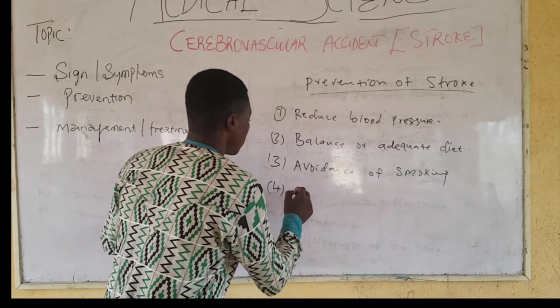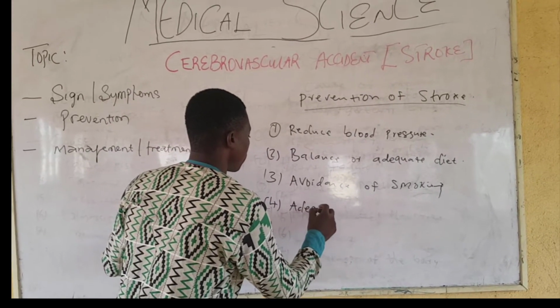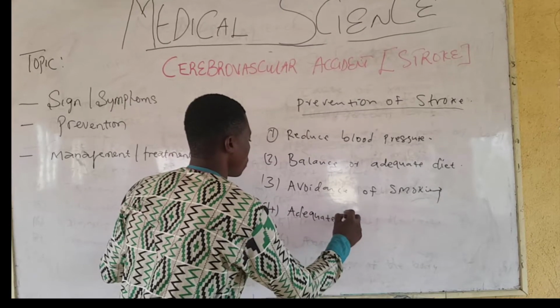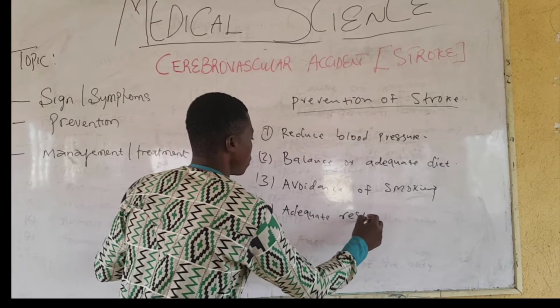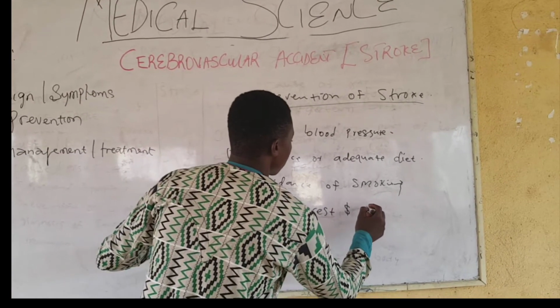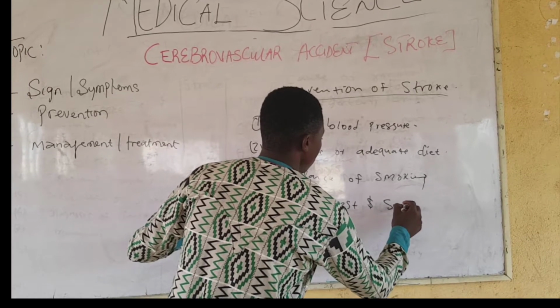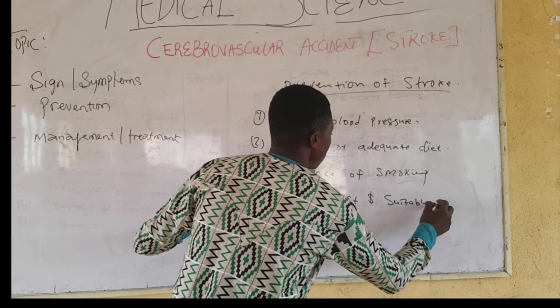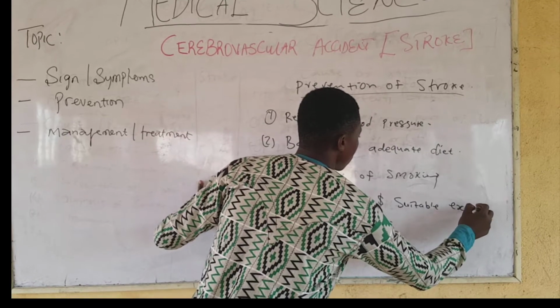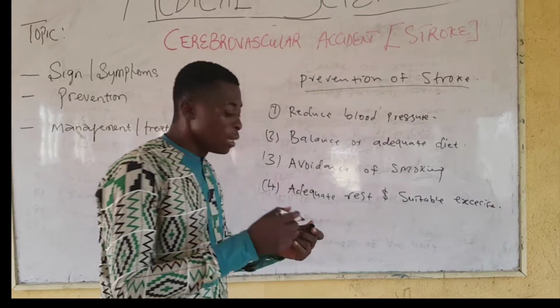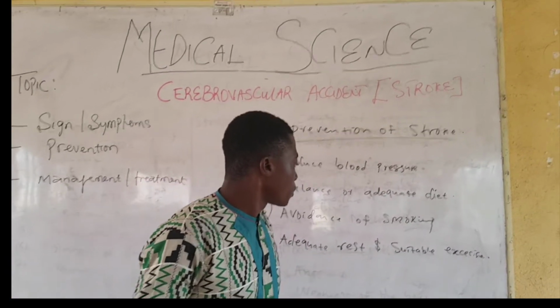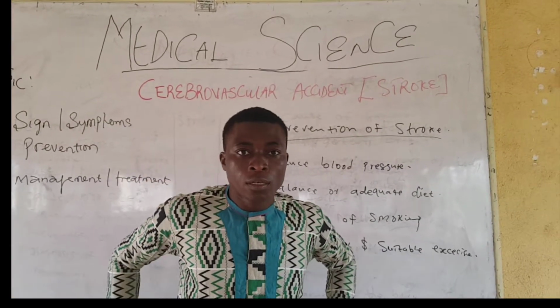Then we have another way of preventing stroke. We have adequate rest and suitable exercise. Now, let me tell you one thing about adequate rest and suitable exercise.